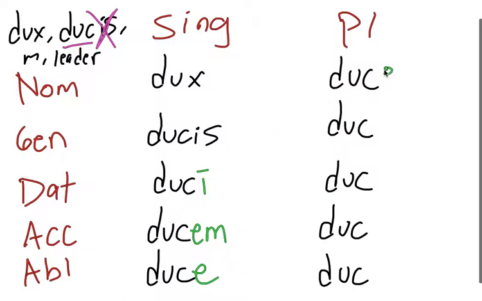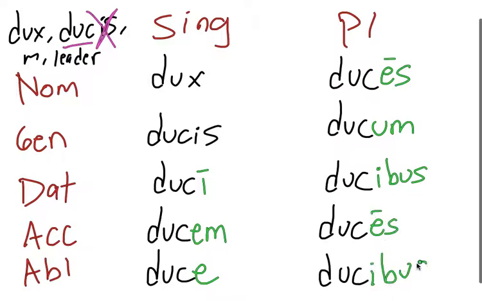Okay, nominative plural is es, genitive plural is um, so duces, ducum, dative plural is ibus, ducibus, accusative plural is es, duces, and ablative plural is ibus, ducibus. So it's dux, ducis, duci, ducem, duce, duces, ducum, ducibus, duces, ducibus.